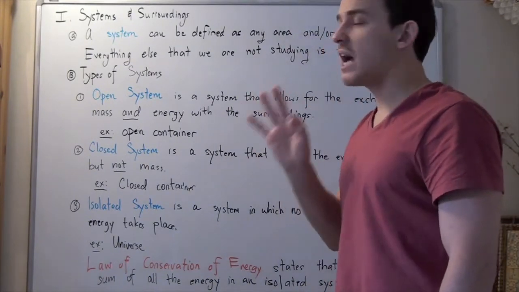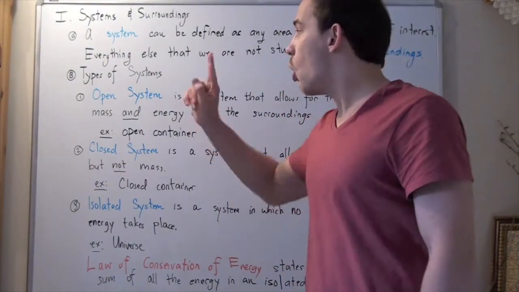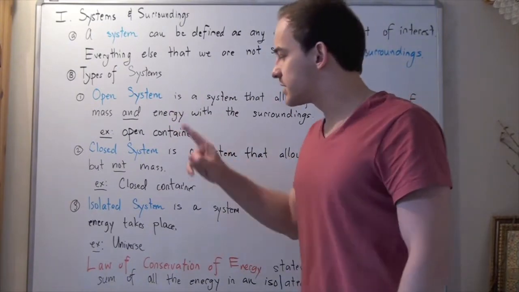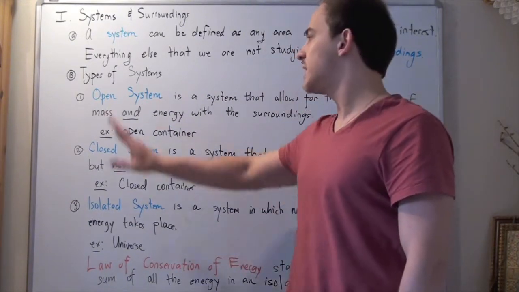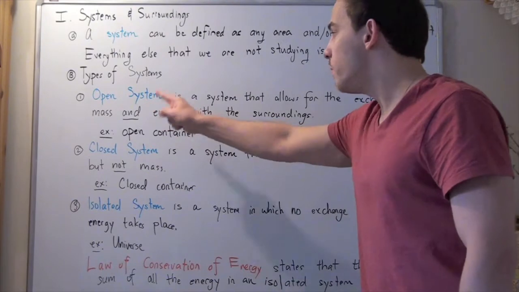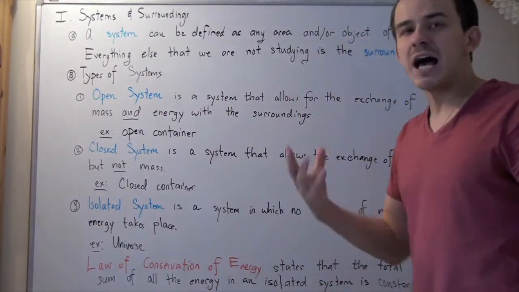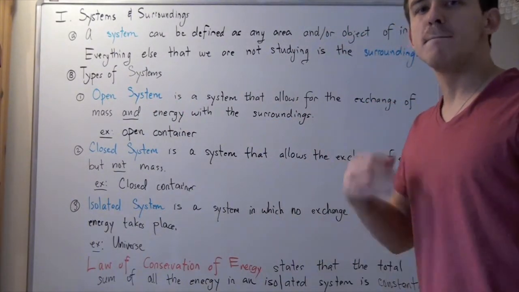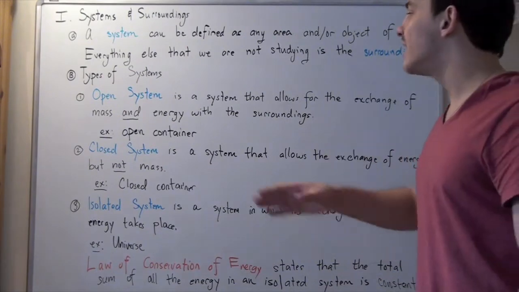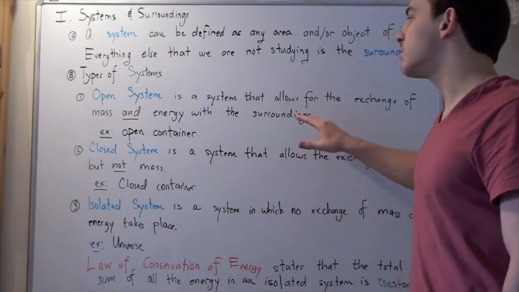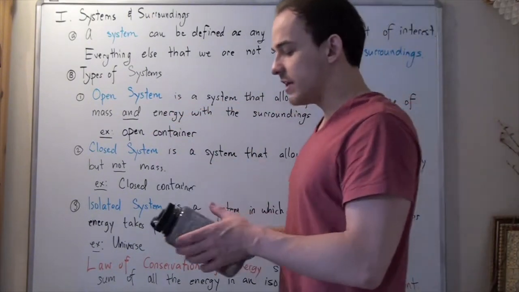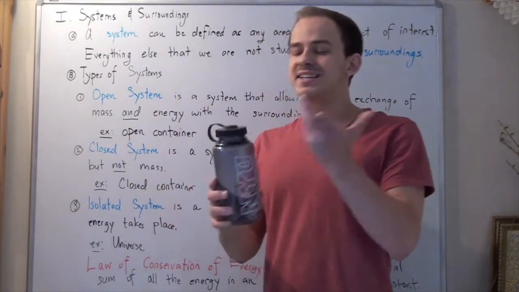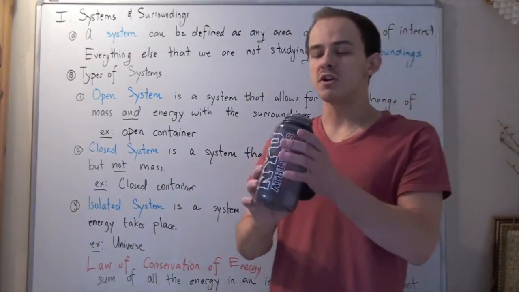Now, there are three different types of systems we can study: open systems, closed systems, and isolated systems. So let's begin with the open system. An open system is a system that allows for the exchange of both mass or matter as well as energy with the surroundings. So an example of an open system is an open container or an open water bottle.